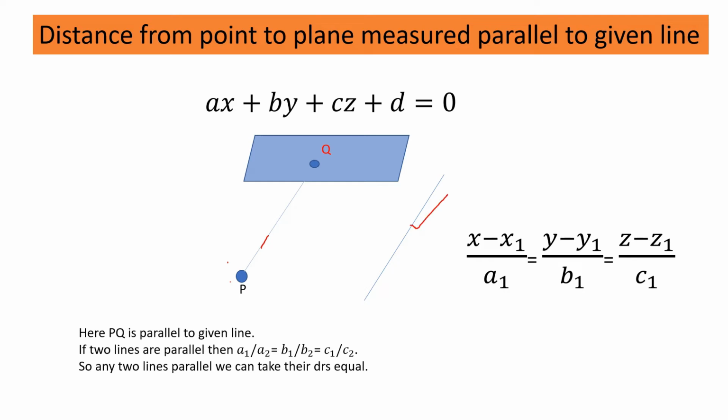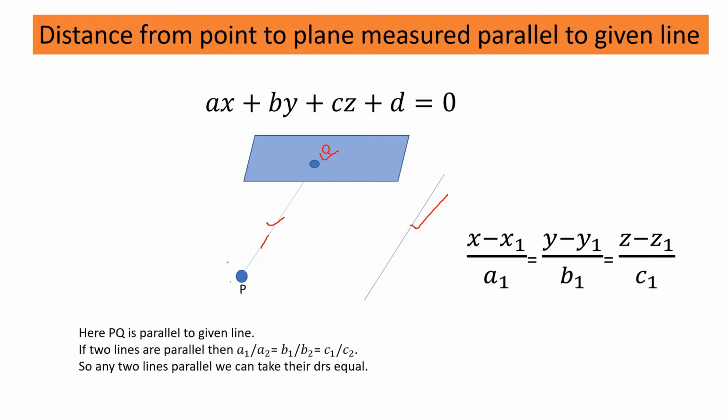Okay? Now here you see that two lines are parallel, so you can take the same DRs. So I can take DRs of PQ also as A1, B1, C1. Now you can find the line equation using point P and the DRs. After getting the line equation, we find any point on this line, and in place of Q, we take that point.